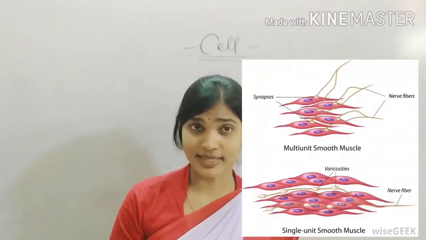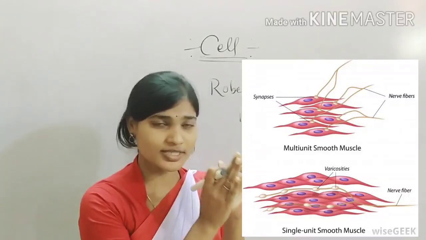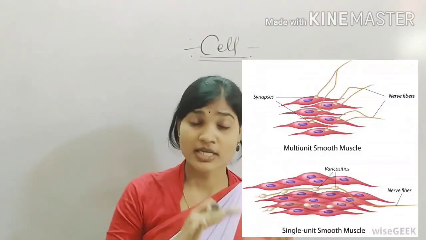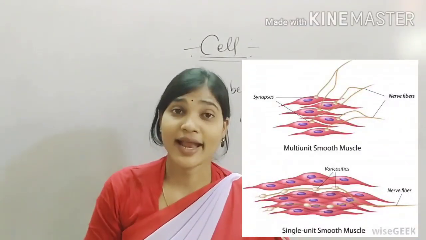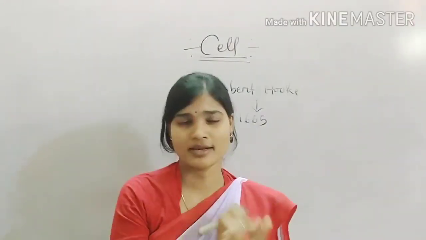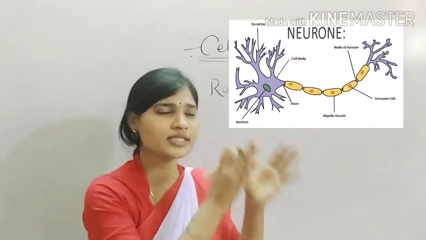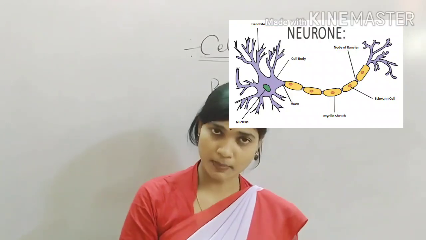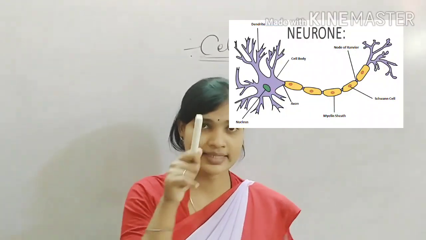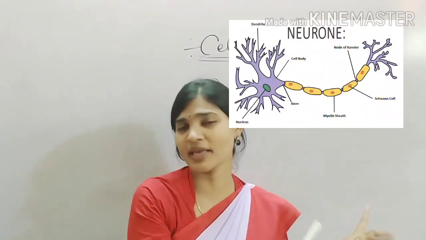After that, muscle cells. The shape of the muscle cells is spindle. So muscle cells are spindle in nature. And the shape of the nerve cell is long and branched. Here you have to remember that nerve cells receive and transport the message.